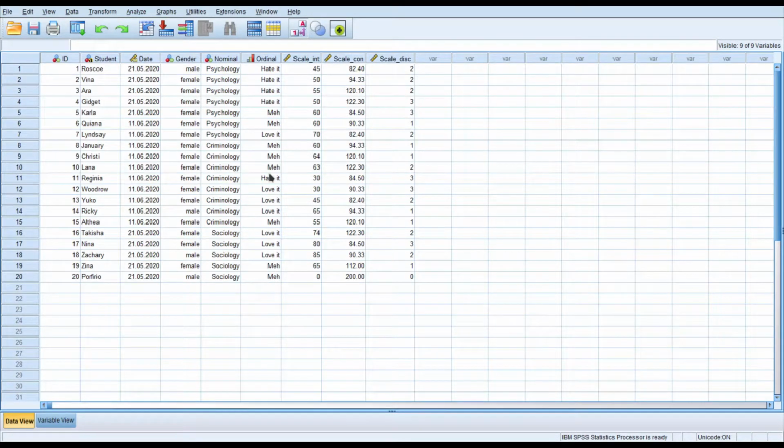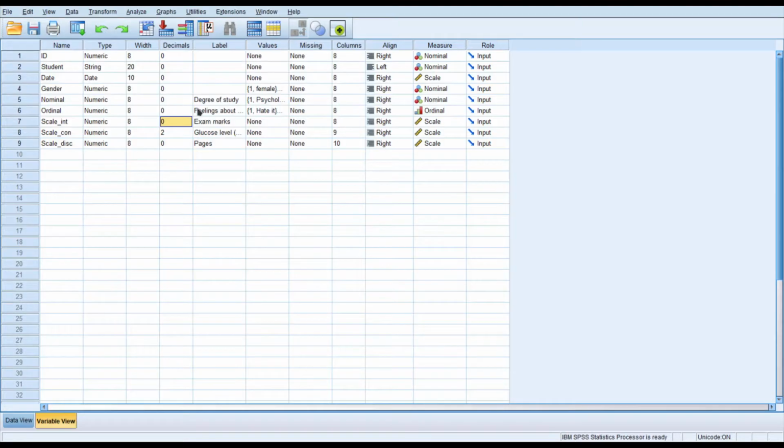But this is important because the databases that you will be using might not always be your own. You might be getting a file from somebody else, let's say for the exam that you have, so you have no way of knowing what these might be unless you were part of the collection process. This is why it's always important to label things properly, assign them the correct values, and make sure that they are on the correct measurement scale.